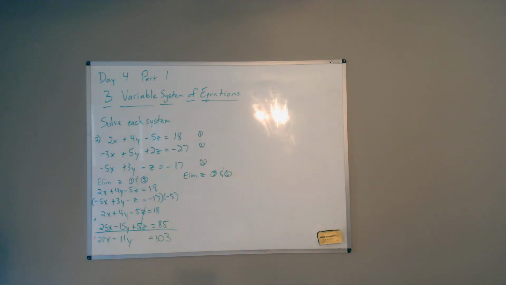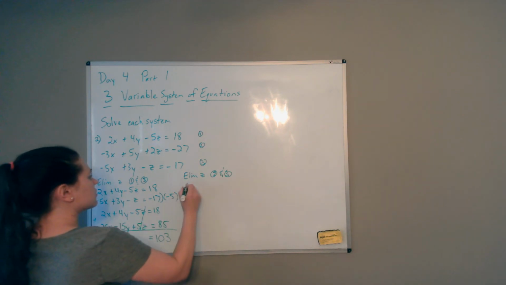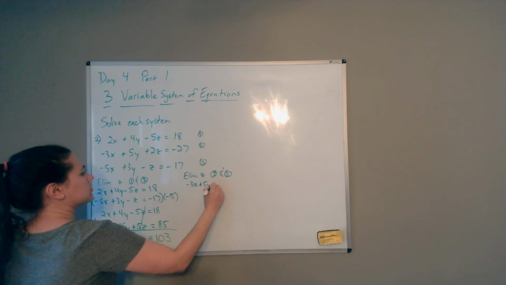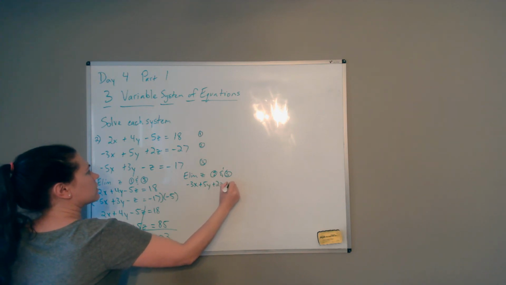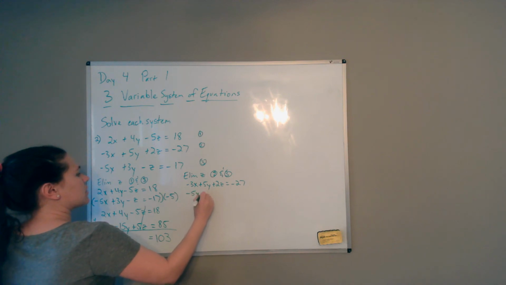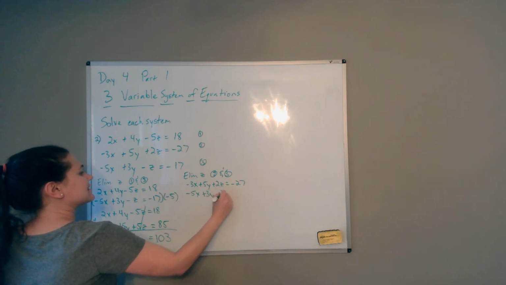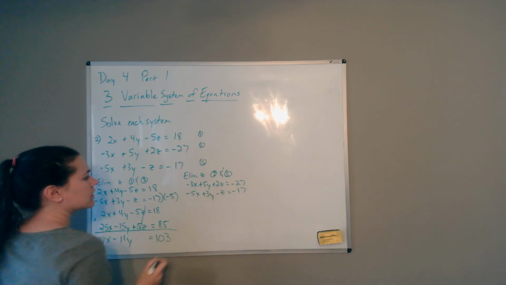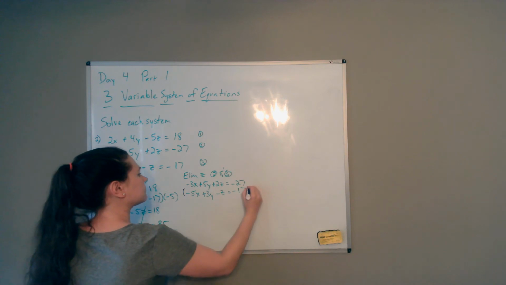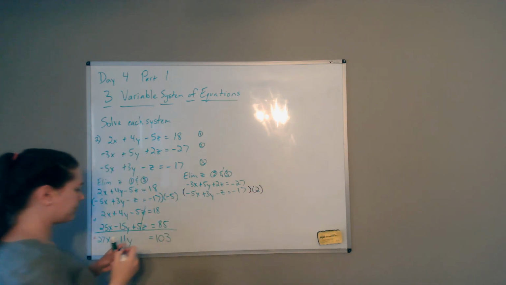Okay, and so now 2 and 3, so negative 3x plus 5y plus 2z equals negative 27. Negative 5x plus 3y minus z equals negative 17. I'm going to multiply the second equation by 2.